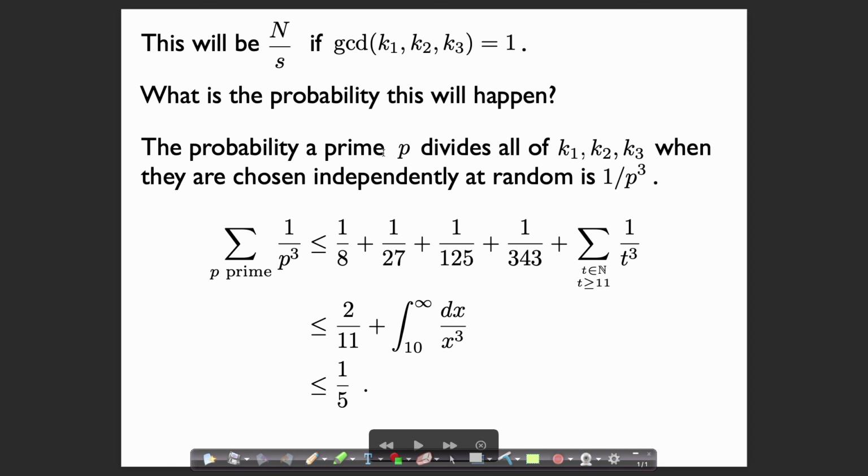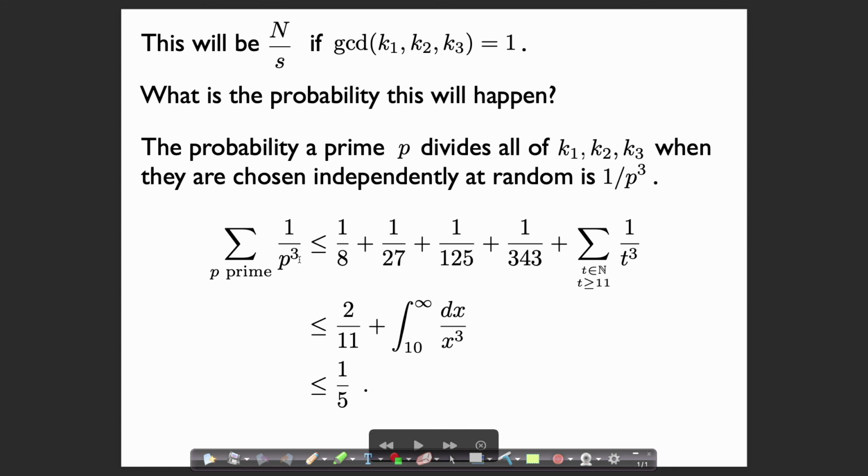Okay, so that means that the probability that a prime P is going to divide all 3 of them is 1 over P cubed. Okay, so now we can bound the bad event that there's a prime that divides all 3 of them by union bound, just by summing over all primes of the probability that that prime divides all 3 of them. Okay, so that's like the sum over all primes, 1 over p cubed.